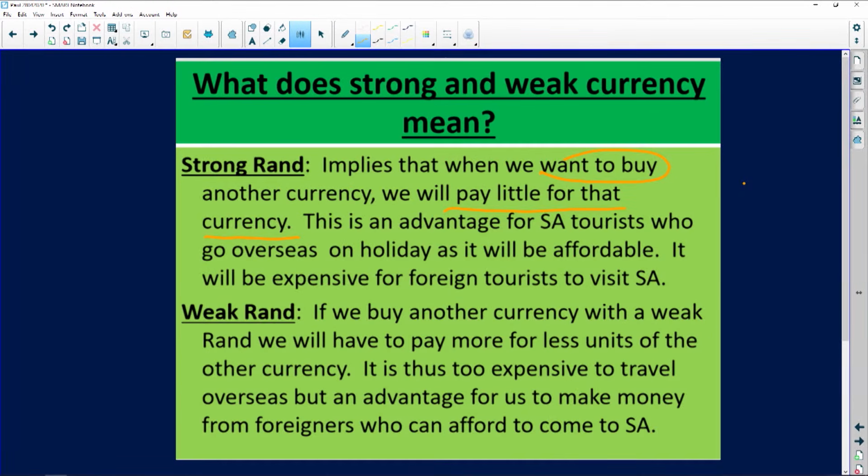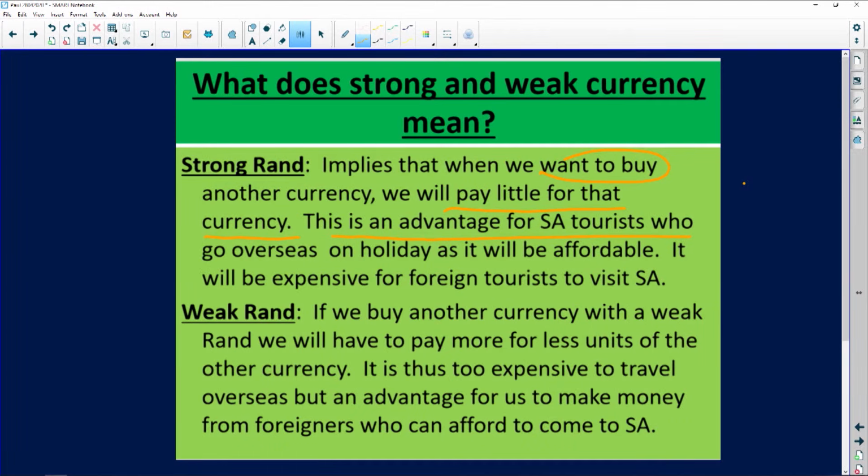If you travel to America, for example, and our rand is strong, then it means that our rand is very close to the value of the American dollar. So it doesn't make sense for us to go to, let's say, America on holiday where our currency is almost as strong as their currency. It won't be cheap.